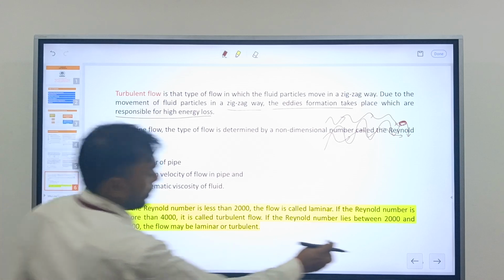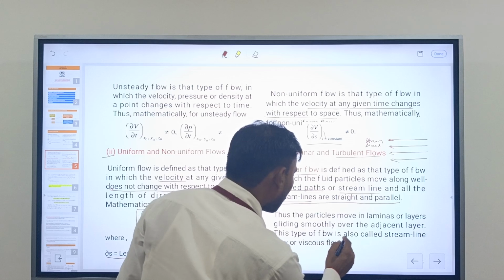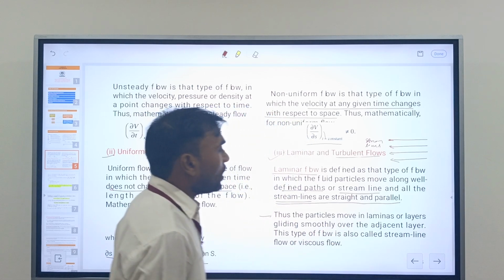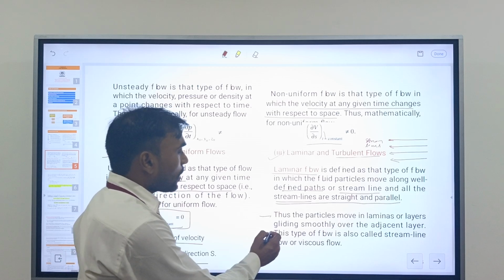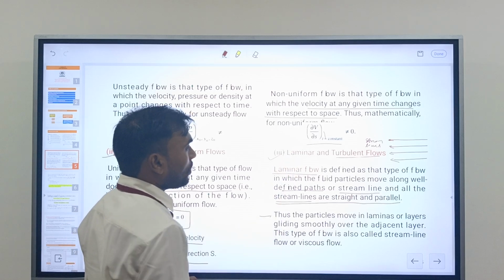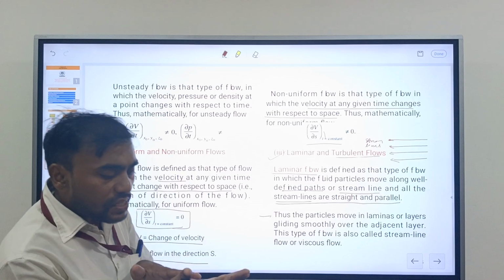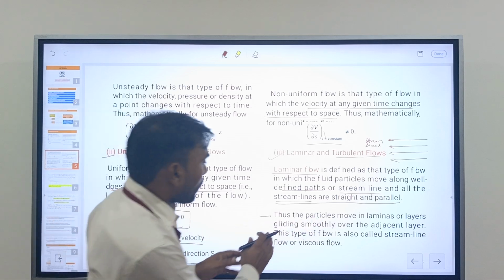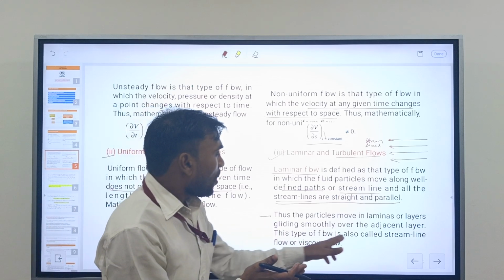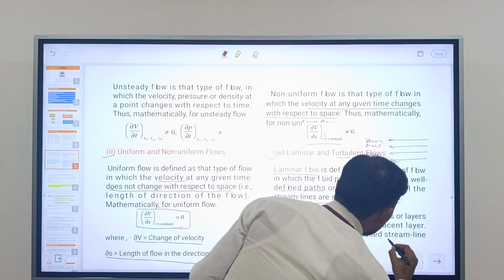Now there is another important point in case of laminar flow. The particles move in laminars, or layers, gliding smoothly over the adjacent layer. Laminars means layers. This type of flow is also called streamline flow or viscous flow.